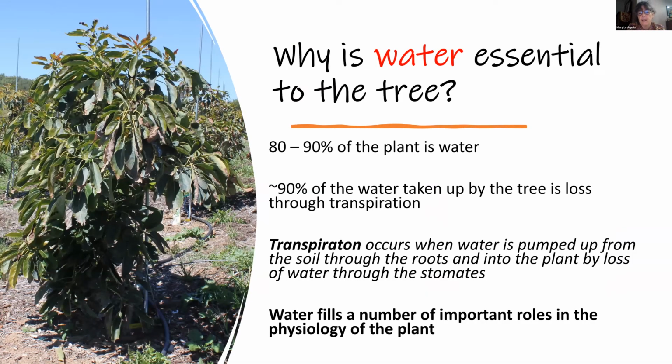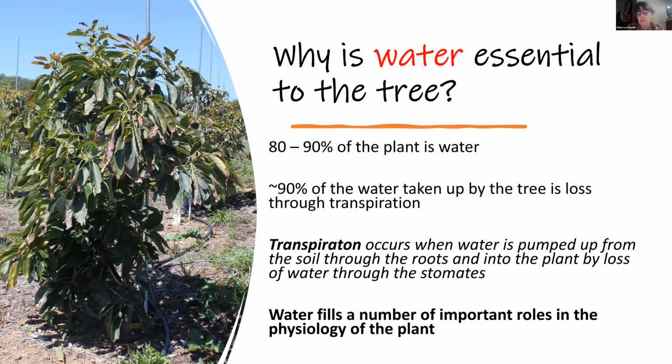Well, about 80 to 90% of the plant is actually made up of water. And about 90% of the water taken up by the tree, this is a general statement, is lost through the process of transpiration. So that means only about 10% of the water taken up by the roots is actually used within the plant.